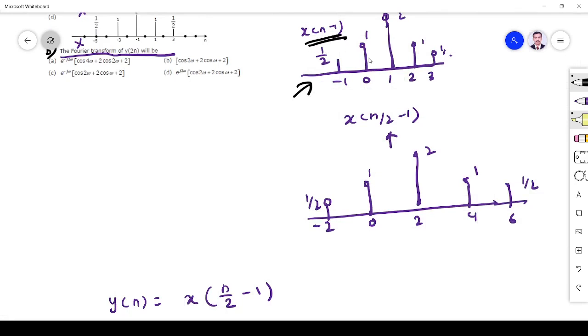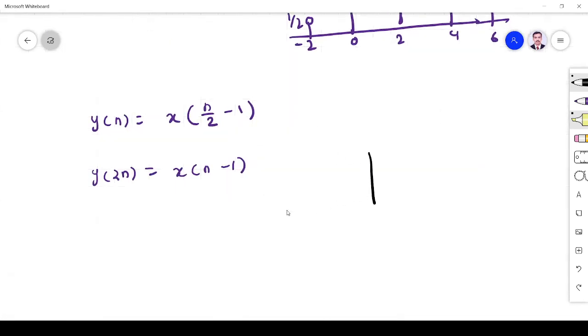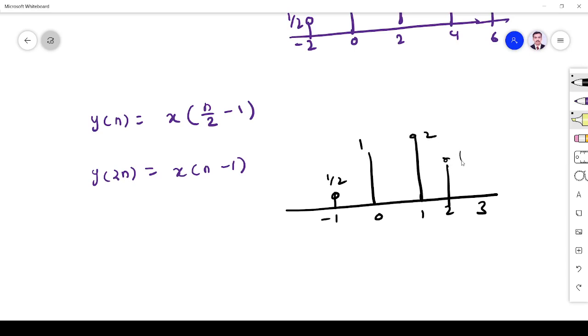For this I have to find the Fourier transform. x of n minus 1 starts from minus 1 and goes to plus 3: minus 1, 0, 1, 2, 3, with values 1 by 2, 1, 2, 1, half.